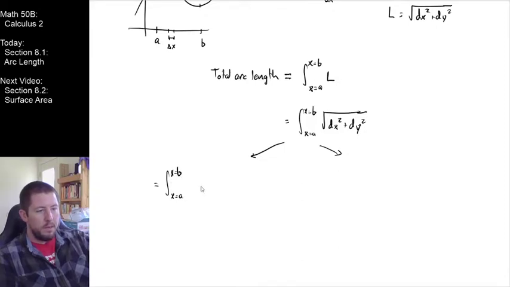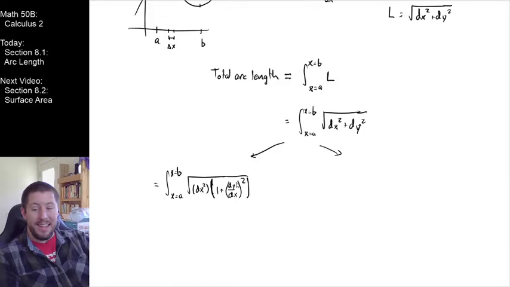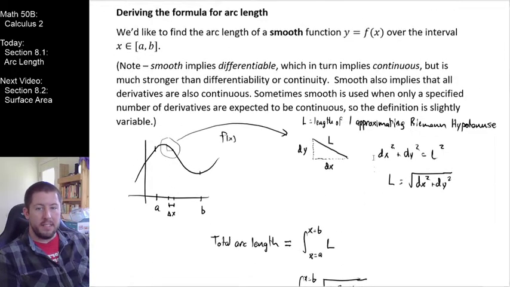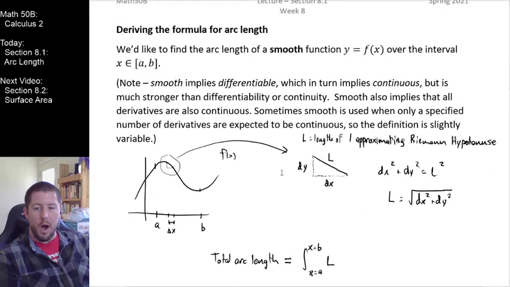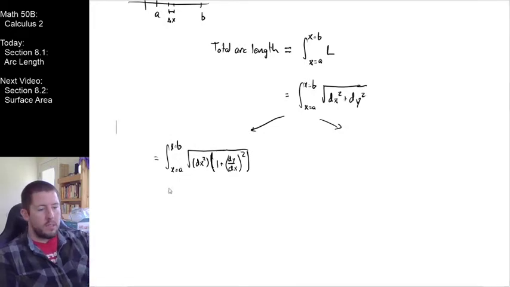x equals b. And what I'm going to do here is factor out a dx squared. And notice that if I factor out a dx squared from this guy, what I'm left with is a quantity on the inside that does make sense to me. dy/dx is something I can do because I've been given a y equals function. dx squared as a factor underneath the square root is just going to pop out to be our dx on the outside.